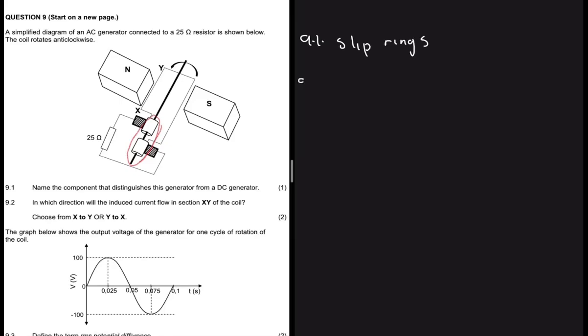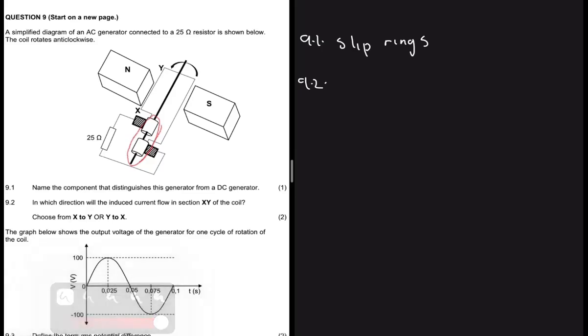So the component that distinguishes this generator from a DC generator is the presence of slip rings instead of split rings. And then 9.2 says, in which direction will the induced current flow in section XY of the coil? Choose from X to Y or Y to X. Here you have to use the left hand rule, right?